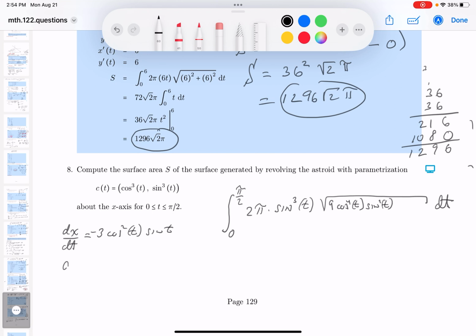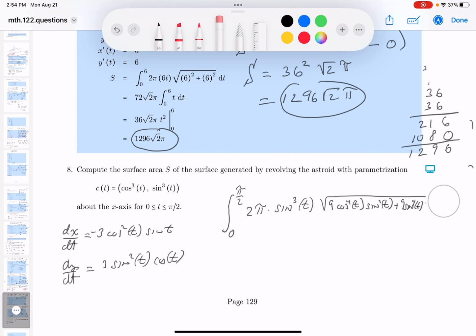All right, let's do the dy dt now. That's going to give me 3 sine squared t. And then the derivative of sine is going to be cosine. I have to square that. What do you get? Plus 9 sine to the 4th power. Yes, I know I'm jamming it in. I need my eraser out.